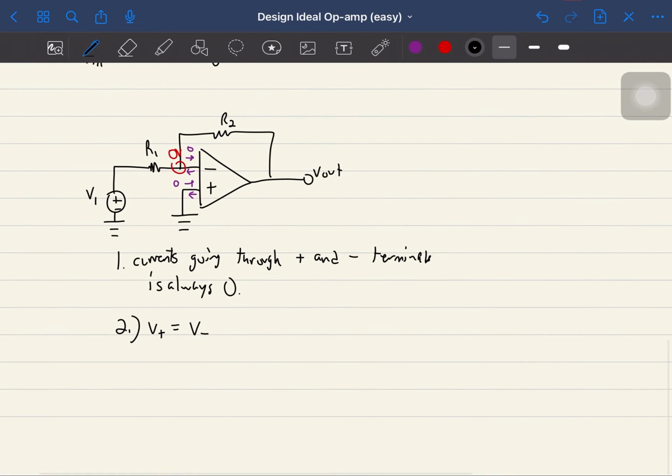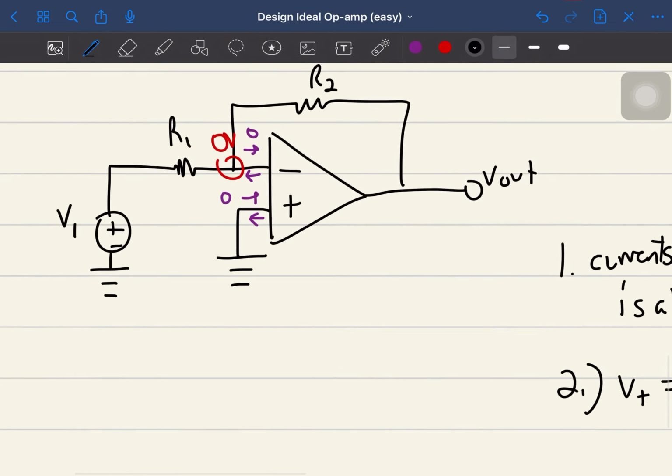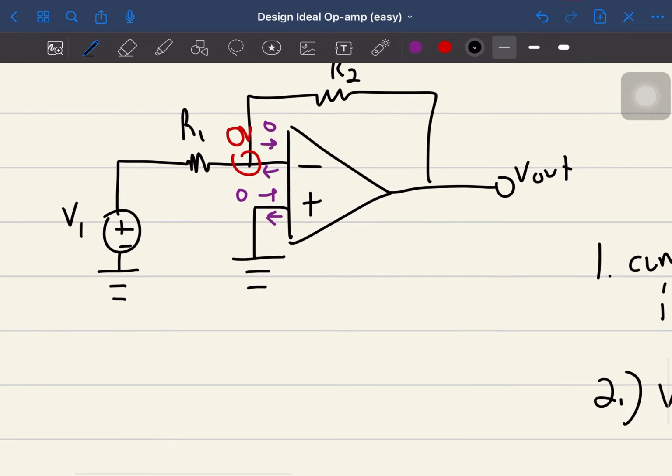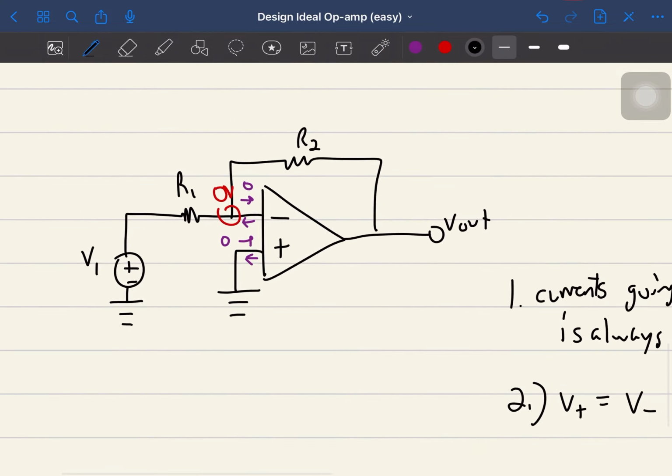And what you need to know based on this is how to solve V out. So since there's a junction right here, we could use KCL, where we could find the current coming into here, current coming out. And since this is 0, we don't have to worry about that for this specific op amp.